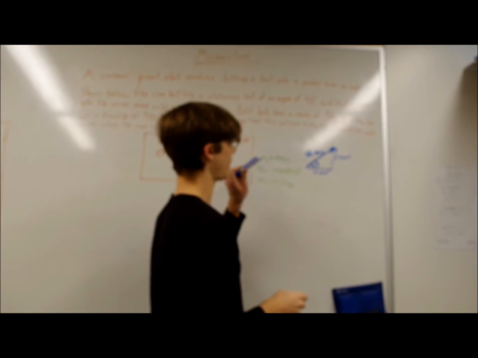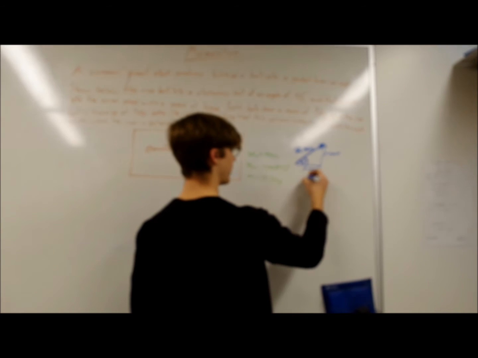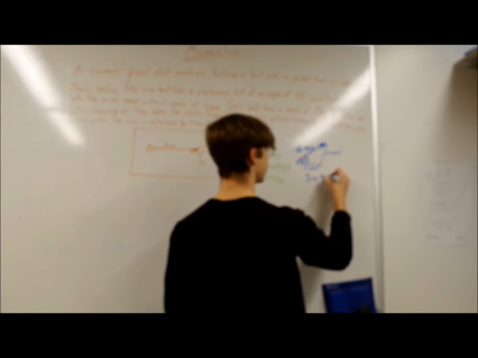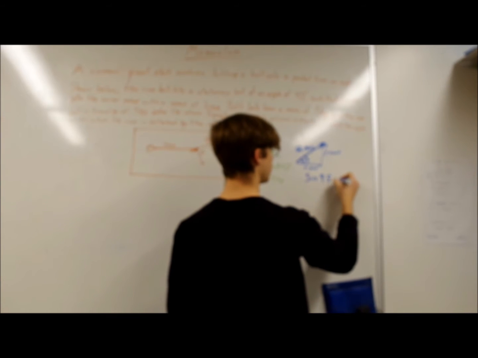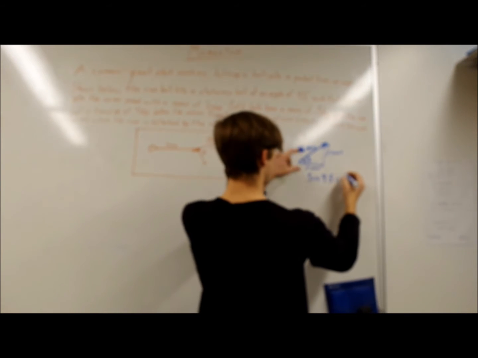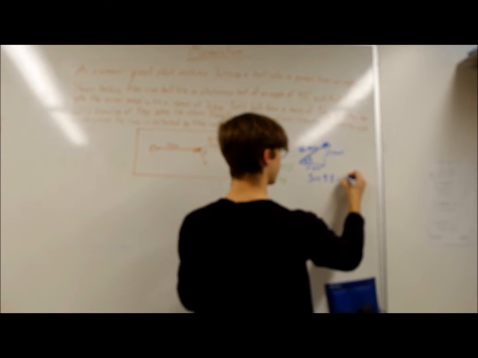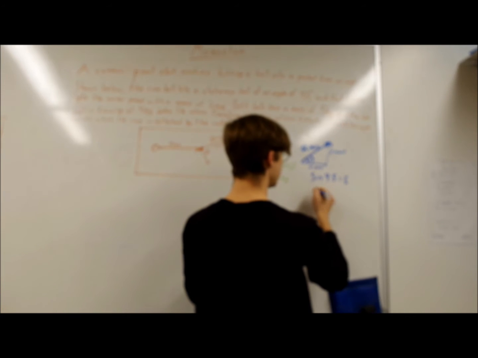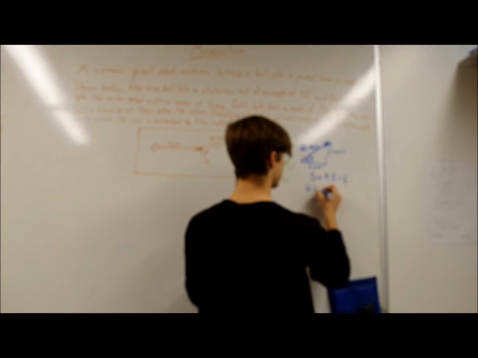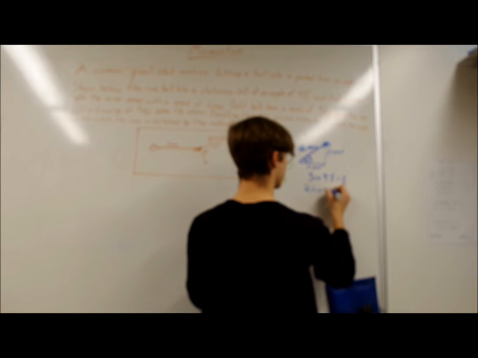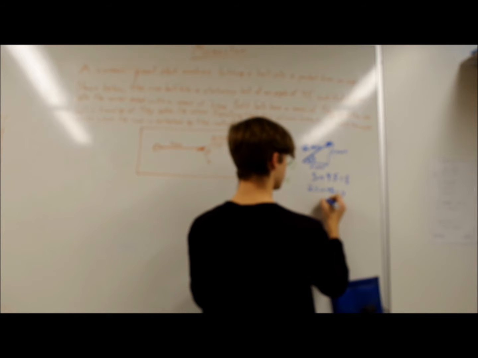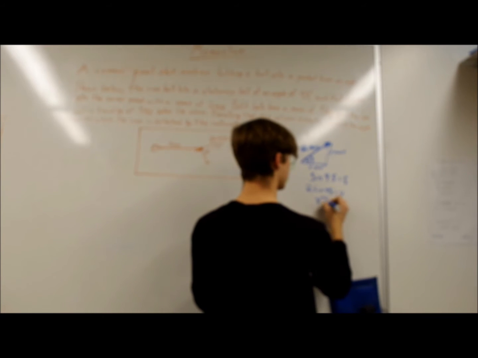So, we can solve by using the sine of 45 degrees equals the opposite over the hypotenuse. Then we multiply both sides by 2. 2 times the sine of 45 will equal our y part, which is square root of 2.